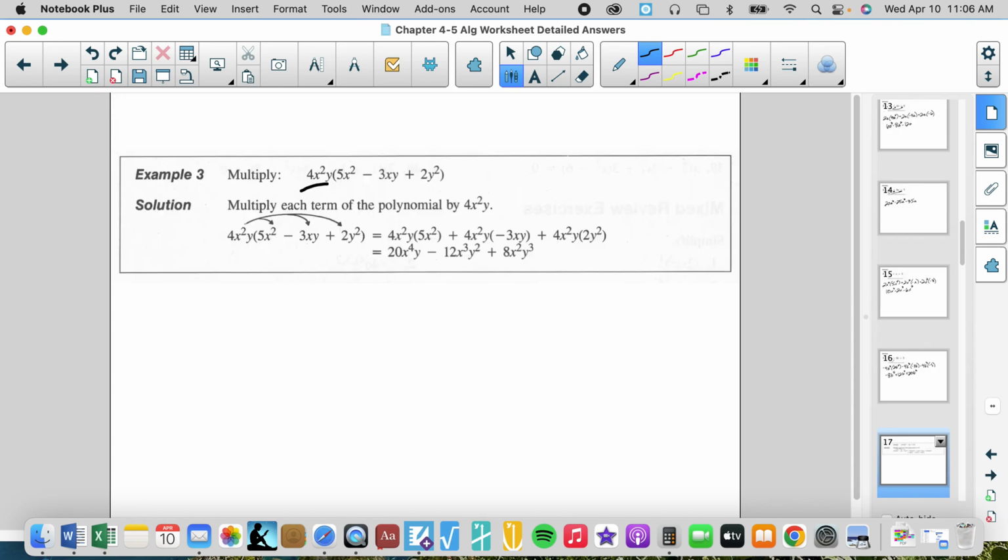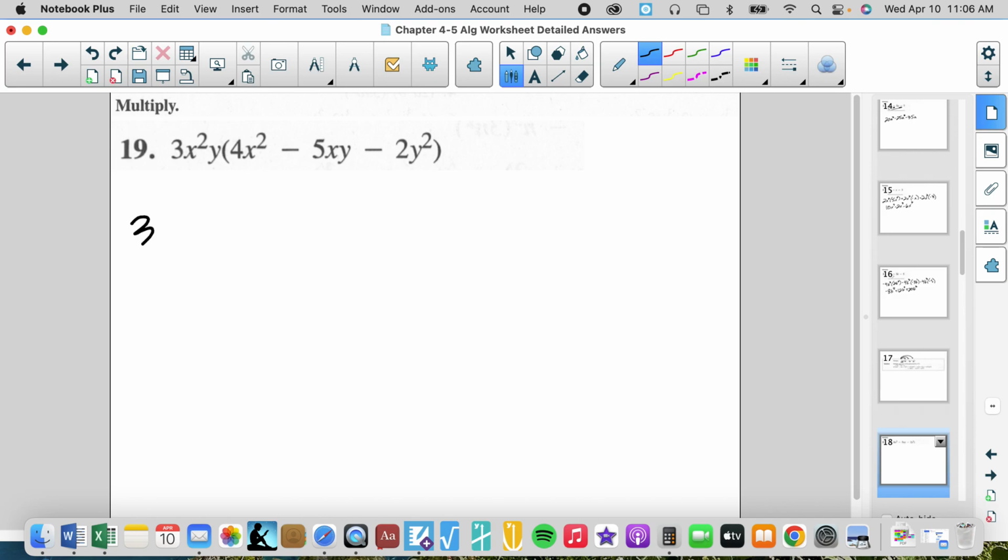Same thing, now we have two variables distributed, and we've got two variables there. We have one variable here, so we just want to, again, write it out.